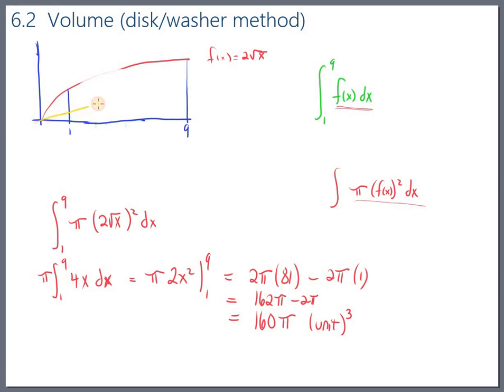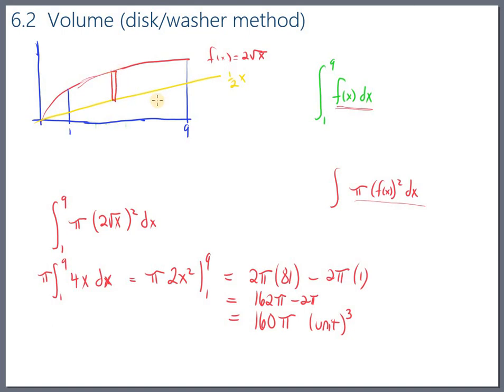So I'm going to put another curve in here, another function. So let's say this function is just a line, just 1/2 of x. And let's say now that we're interested in spinning the area between these two around. So a typical rectangle now is going to look like that.